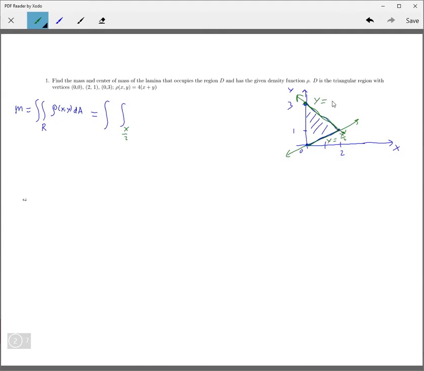So the slope is negative 1. Negative x plus, and the y-intercept is 3. So negative x plus 3. So the upper limit is going to be negative x plus 3. Let me write it as 3 minus x, though.